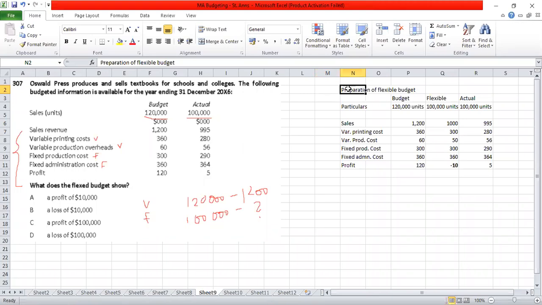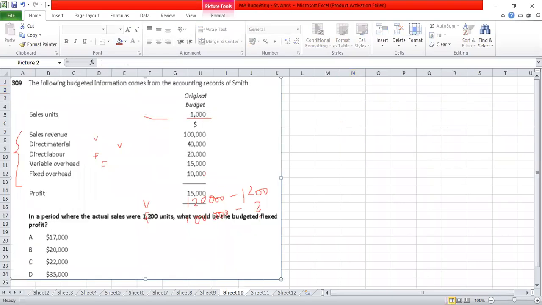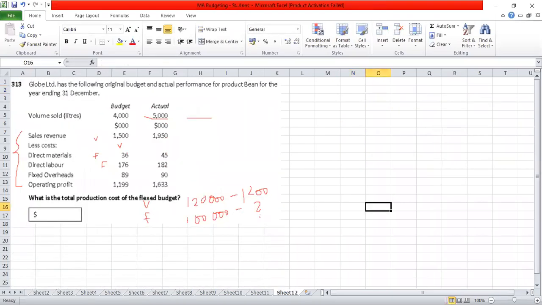Then the variable component and the sales, the selling price per unit is the same, will have to be changed proportionately for the next activity. Fixed cost remains the same for the next activity. Variable cost varies proportionately. So after that, I understand that there is a loss of 10,000. Okay.